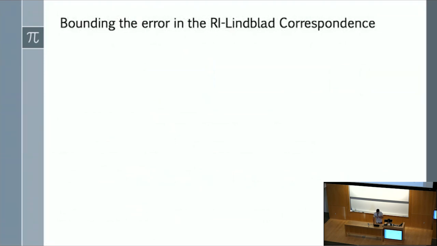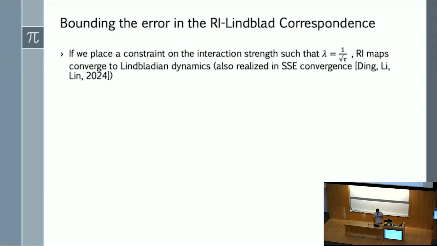Okay, so now what I want to show is that there's an approximate correspondence between these two approaches. If we place a constraint on the interaction strength for the Hamiltonian I had on the slide before, such that the coupling is 1 over root of the interaction time, you can show, just through an exercise of Taylor expansions of superoperators, that this converges to Lindblad dynamics.